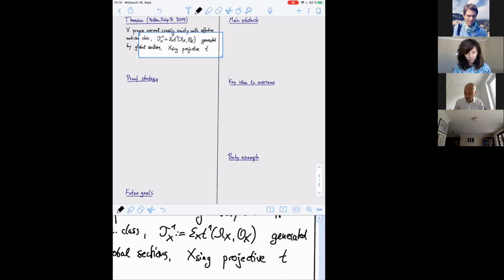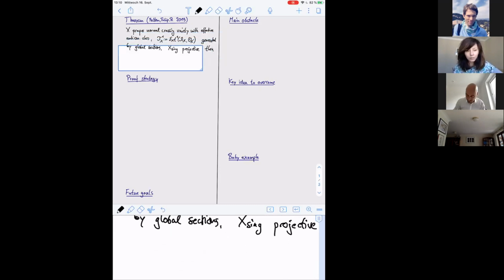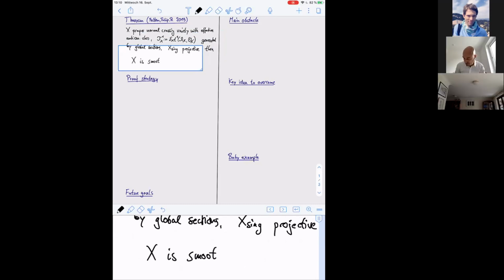So if that all holds true, then we prove in this theorem that X is smoothable, which means that there is a flat family, a one parameter family in the analytic category, so over a holomorphic disk, and the nearby fiber is a manifold. Okay, so that's a nice way. You can smooth these normal crossing spaces if you have these conditions.